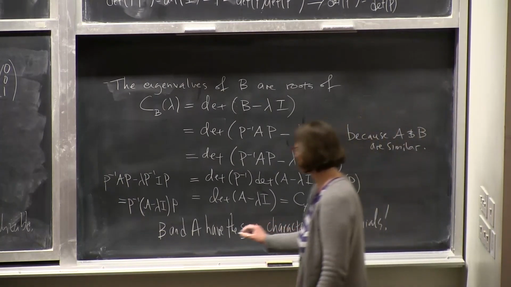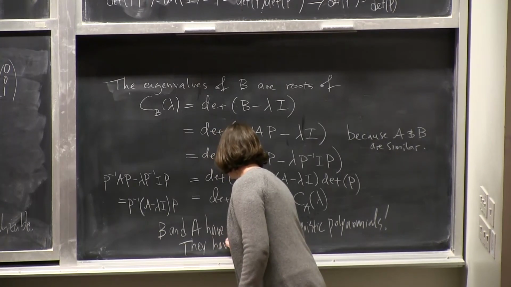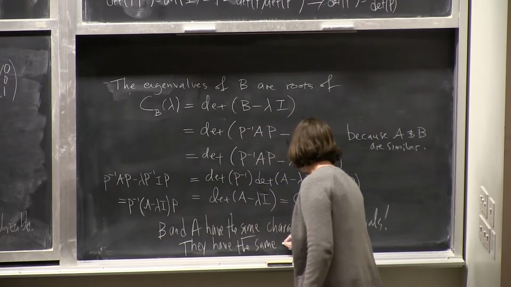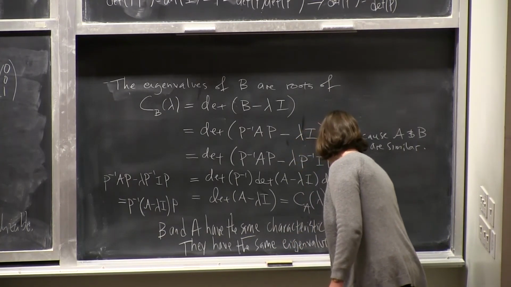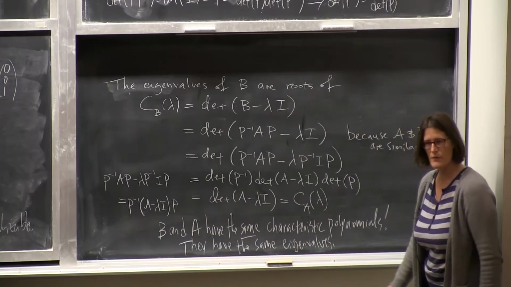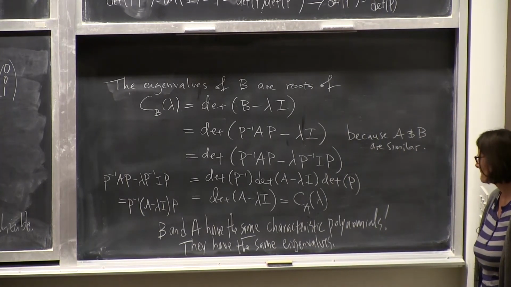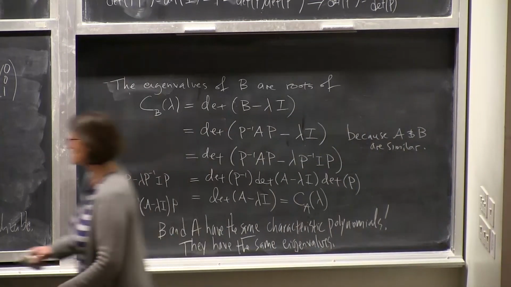They have the same eigenvalues. I think this is incredibly cool and beautiful, but that's maybe why I went into math. Are there questions? So let's finish with one last example.